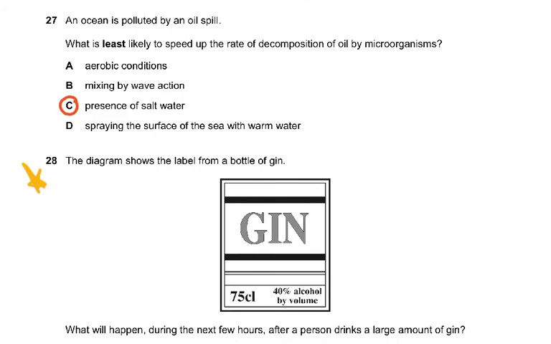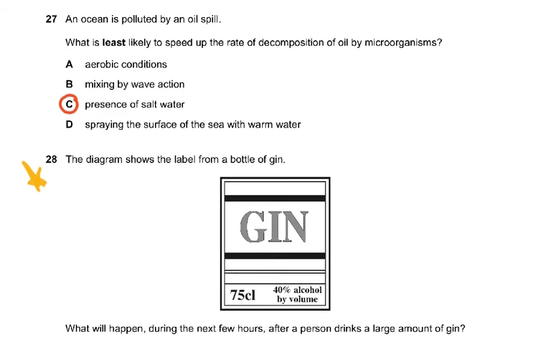Then question 27, an ocean is polluted by an oil spill. What is least likely? So the rest of them are all most likely. So which is least likely to speed up the rate of decomposition of oil by microorganisms?